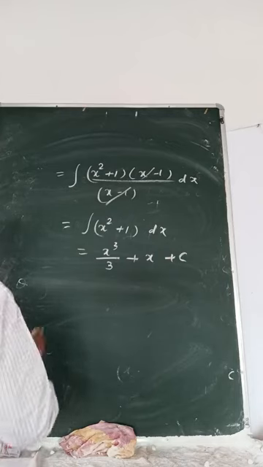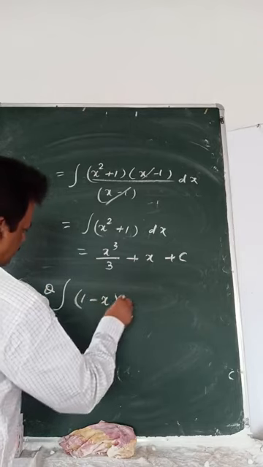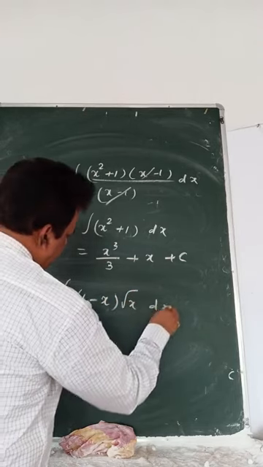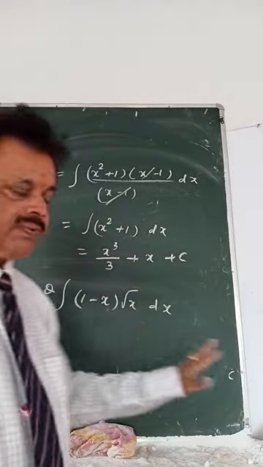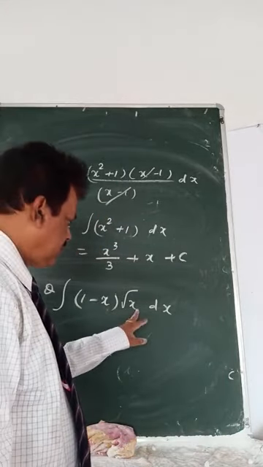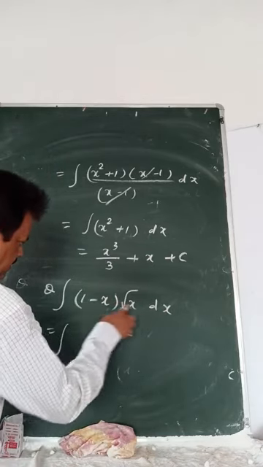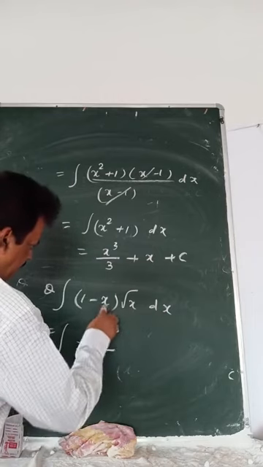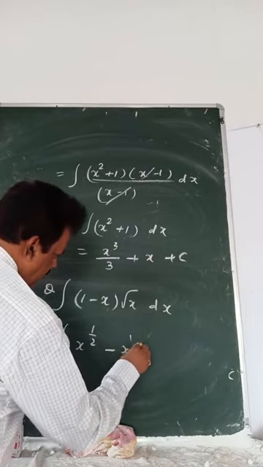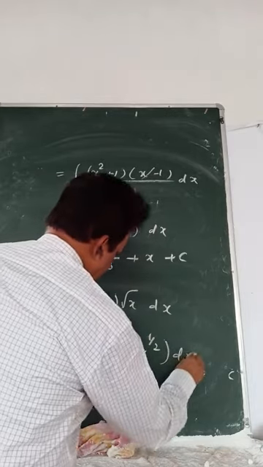Suppose I got a question: integration of (1 minus x) root x dx. We have not learned the product rule so far, so we will try to simplify. How to simplify? If I multiply here, x to the power half. If I multiply here, x to the power 1 into x to the power half dx.